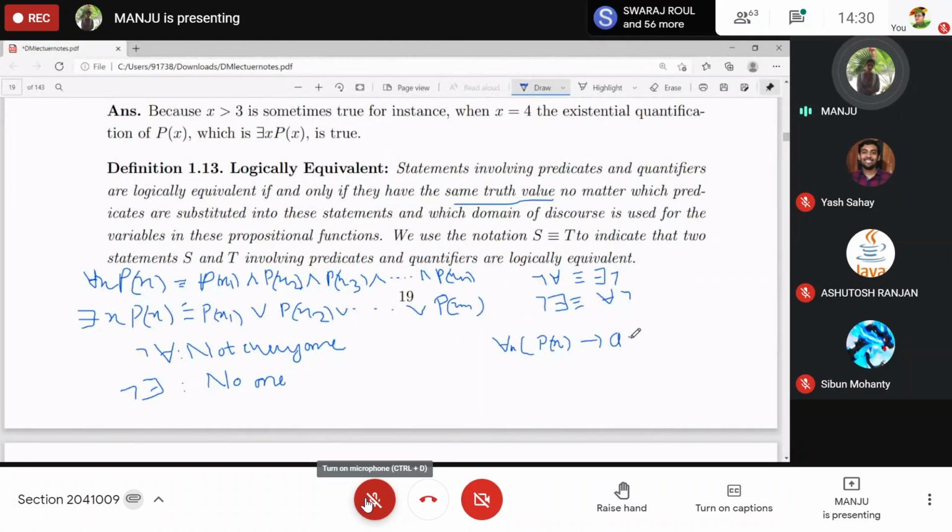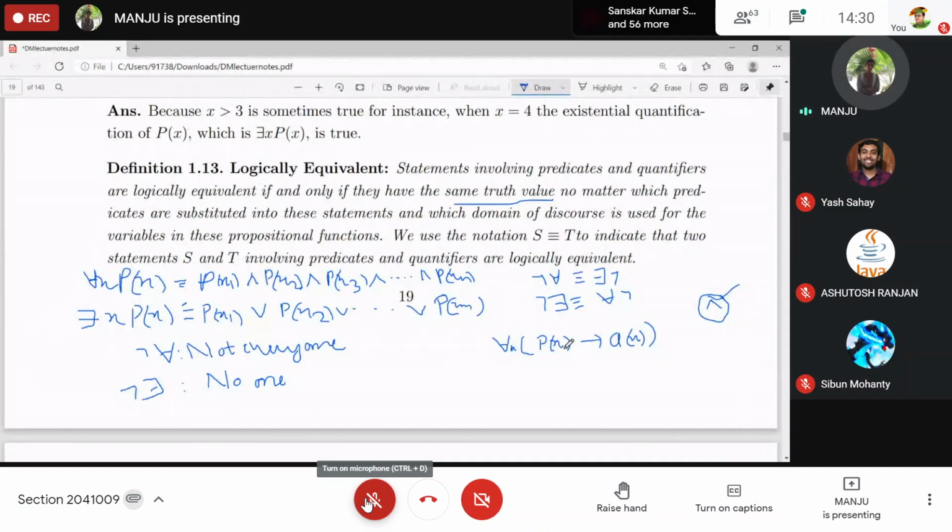Whenever you are using for all, it will be accompanied with implication, unless it is explicitly given. Whenever it is explicitly given with "and" or "but", there you will be using the conjunction.